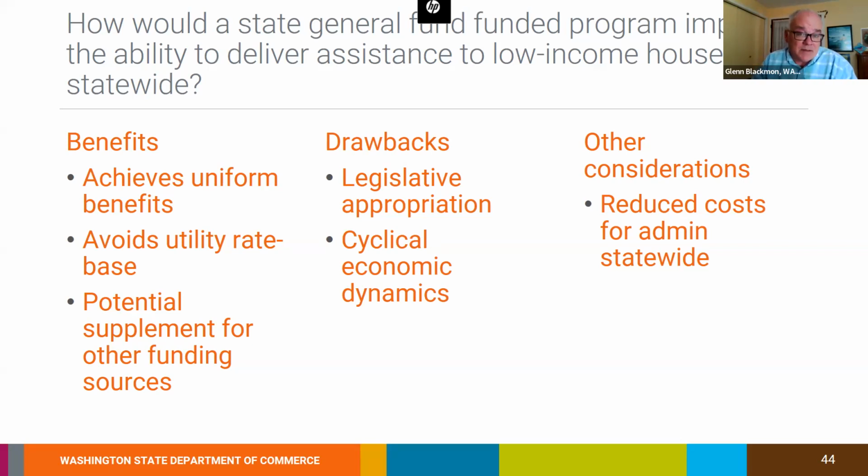In terms of the drawbacks, it is subject to negotiation and decision by the legislature every 2 years. The general fund of the state can vary quite a bit from year to year, especially in terms of how much growth you get in revenue. There are good years and there are bad years.